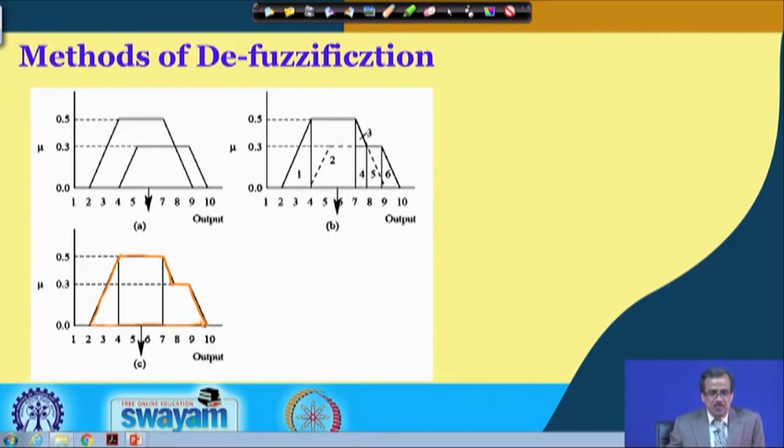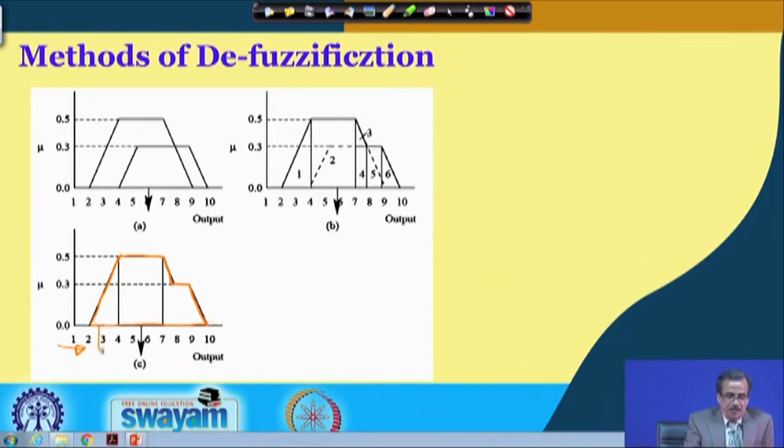Now, our aim is to find out a crisp value. Now, what we do is we start from here and try to move in this particular direction, and we try to find out the value of mu considering this combined control action, this fuzzy fired output.